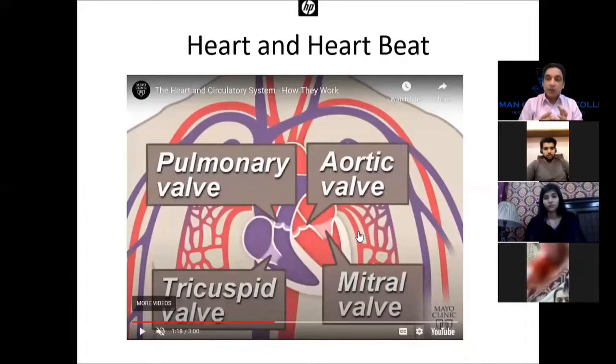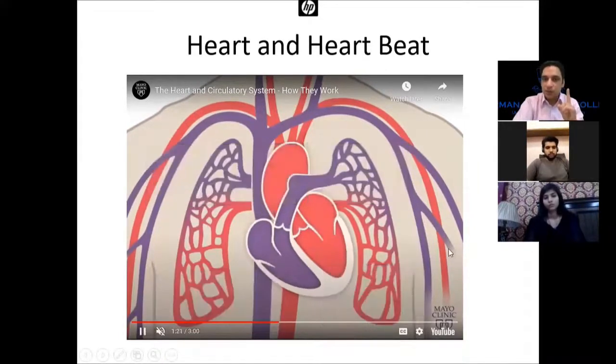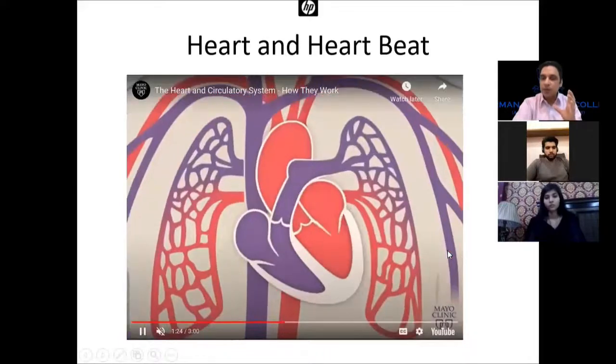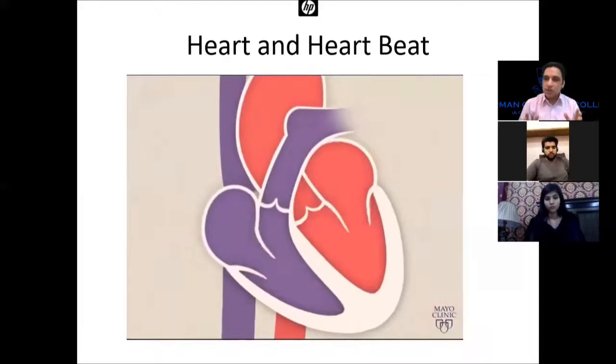When the heart relaxes and enters another phase, it creates another pressure called diastolic pressure. So one heartbeat consists of contraction and relaxation. When it contracts and comes back to the initial state, the heartbeat completes one cycle. So one cycle of the heartbeat consists of two stages, contraction and relaxation.